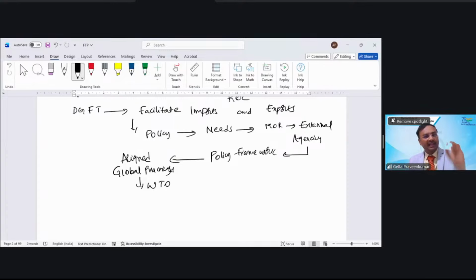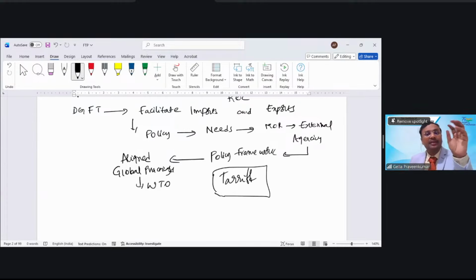give some policies and all. No. A classic example right now, what our industry is running through: there are tariffs which are imposed by the US on goods which are exported by Indian exporters. Now, these tariffs are going to be a burden to the exporters in India, and a burden to the importers in the US. Now, what happens? What needs to be done?